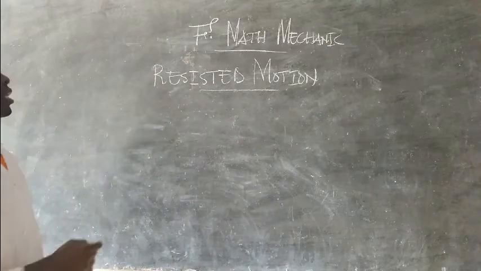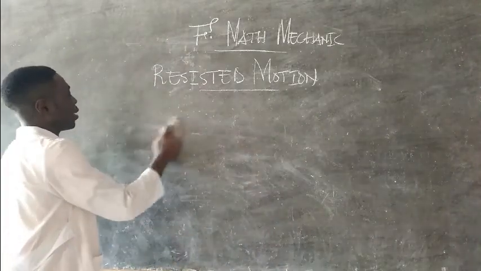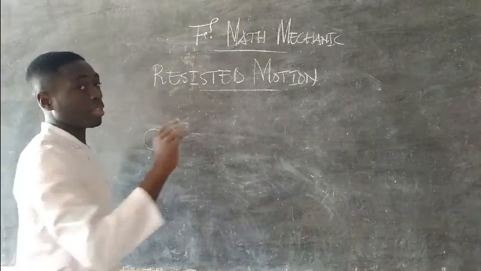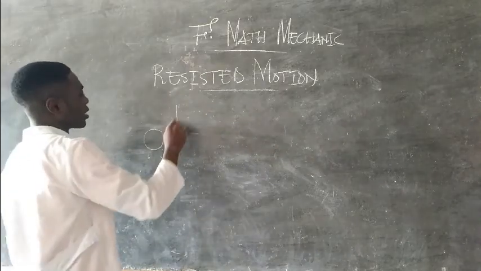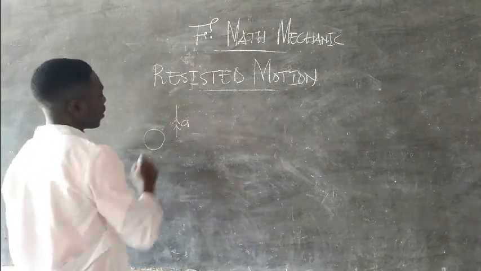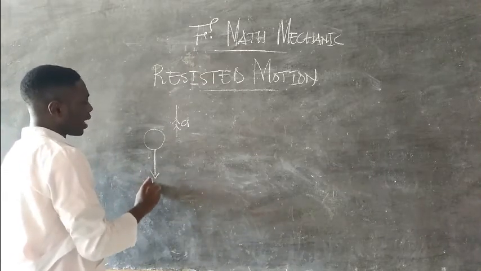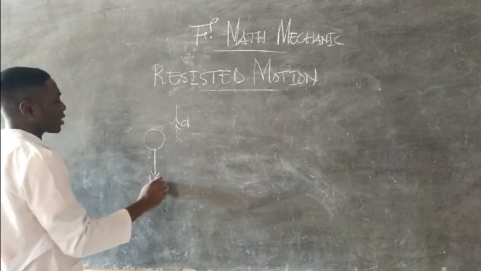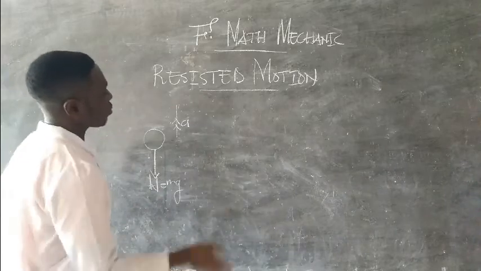Now, I would just like us to note some points. If a particle is moving upwards, its acceleration is going to be in the same direction. You should know that the weight of the particle always acts downwards, whether the particle is falling down or moving up.